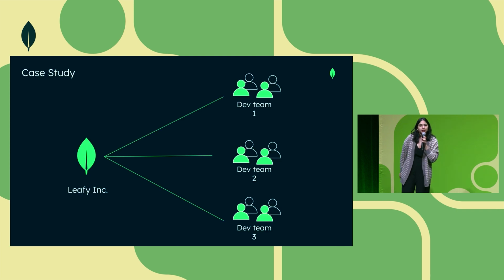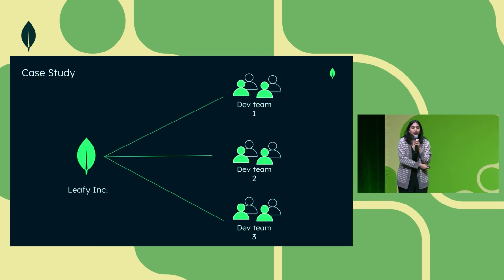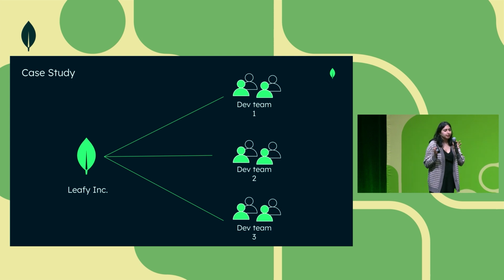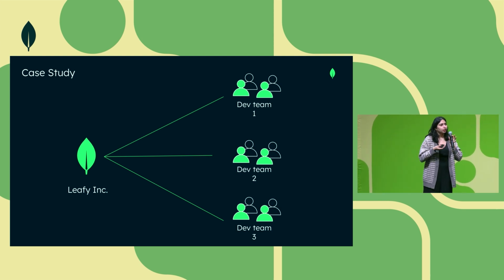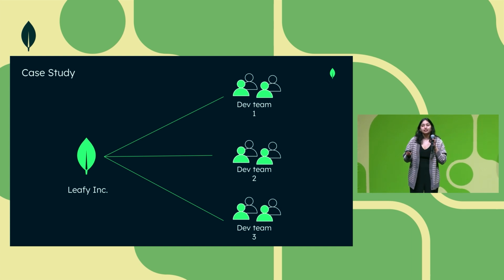So to illustrate how popular IDPs have become within the last couple years, I want to start off with an anecdote. There is a very popular software company called Leafy Inc. That has a very talented team of developers who all want the same thing, right? They want to deliver value to their customers by creating great products.